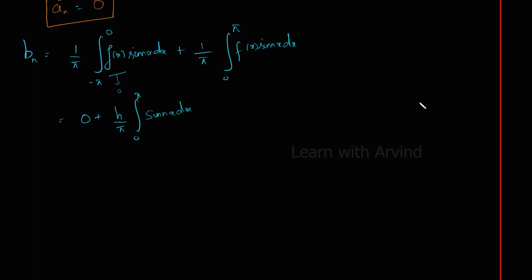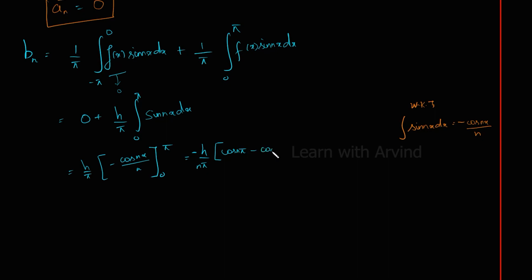Now integrating sine, we know that the integral of sin nx dx is equal to minus cos nx divided by n. The integral is given by minus cos nx divided by n in the range 0 to pi. Taking the minus as common outside, we get cos n pi minus cos 0, times minus h by n pi.